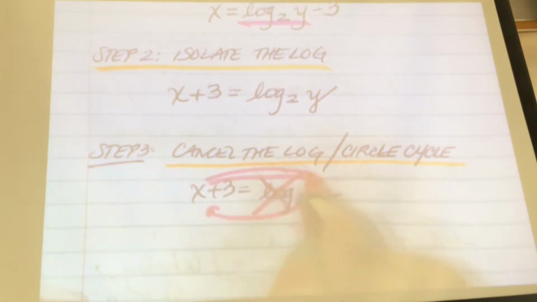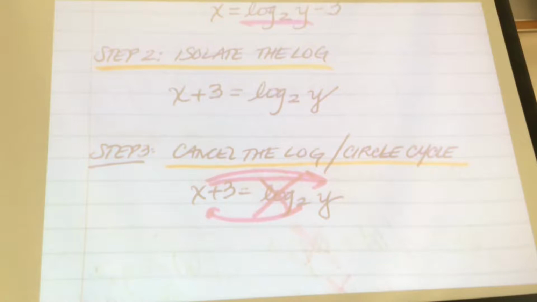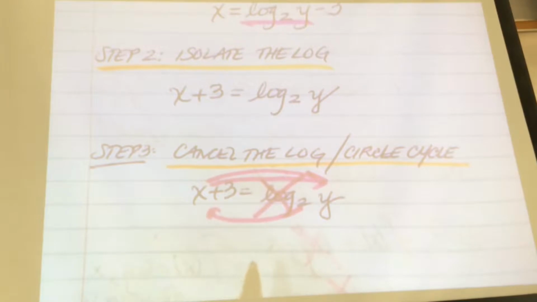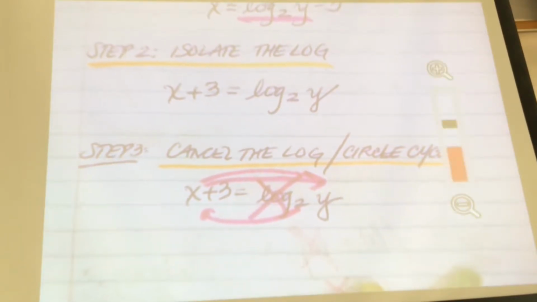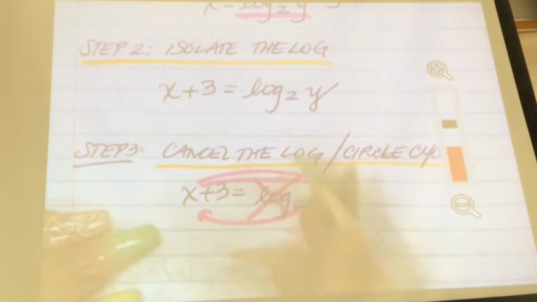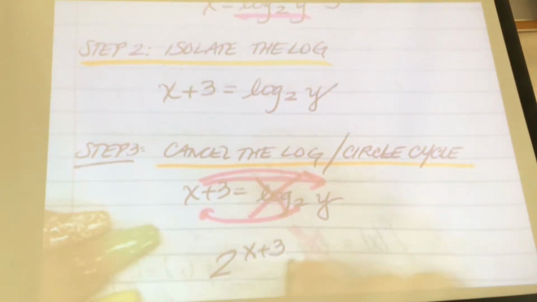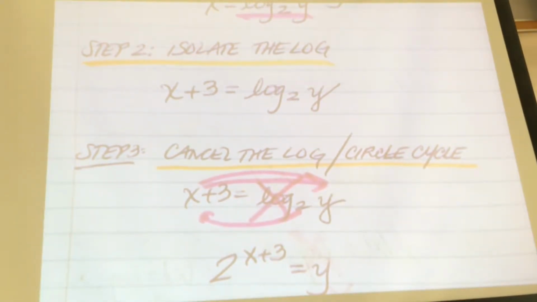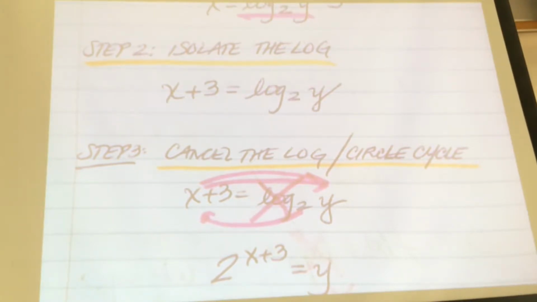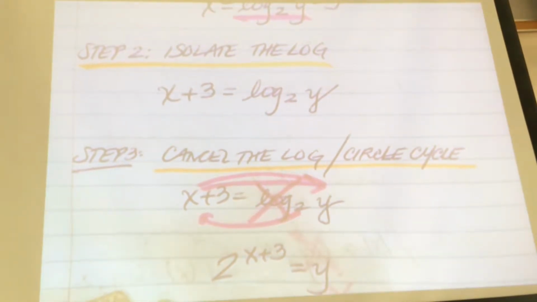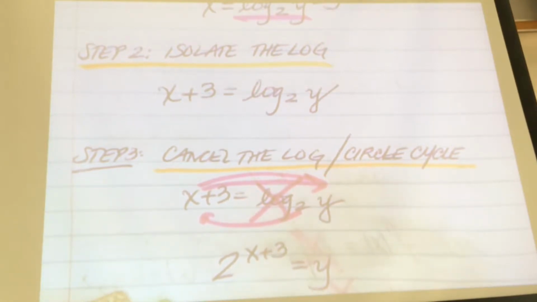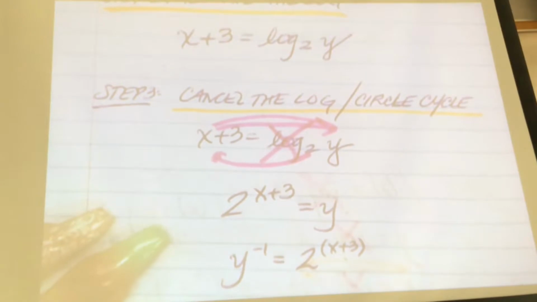And cycle. When I do the cycle, I get 2 to the x plus 3. 2 to the x plus 3 equals y. My final answer is y inverse is equal to 2 to the x plus 3. And to be safe, I'm just going to put that in parentheses.